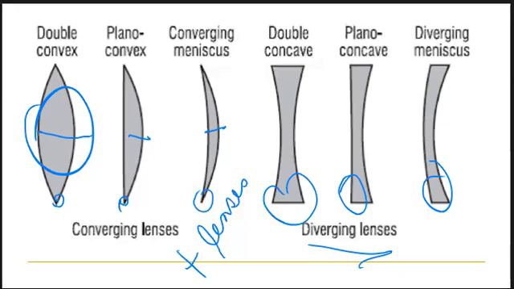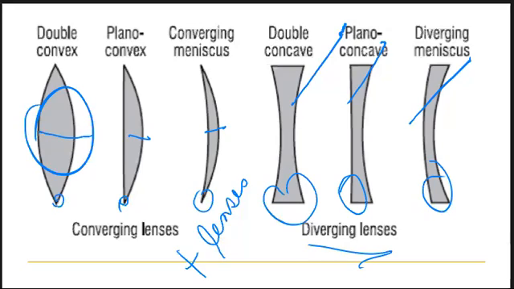You get to see an example here, double concave or biconcave. We have also the plano concave, and we have the diverging meniscus. They are very easily recognizable because, again, the middle parts of the lenses are thinner than the edges.